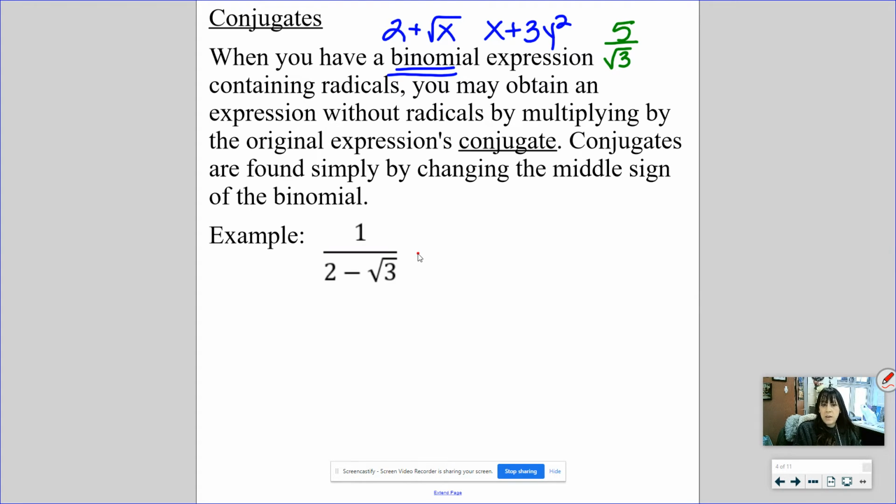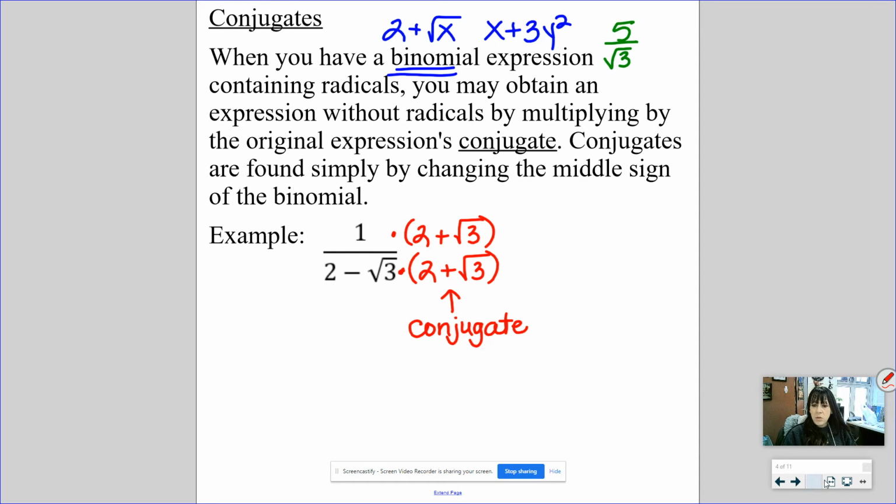And the conjugate is taking the binomial and changing the sign in between. Okay, so this is called the conjugate. You're going to multiply the bottom by the conjugate, and because this is a fraction and we have to keep it balanced, you are also going to multiply the top by the conjugate, okay?